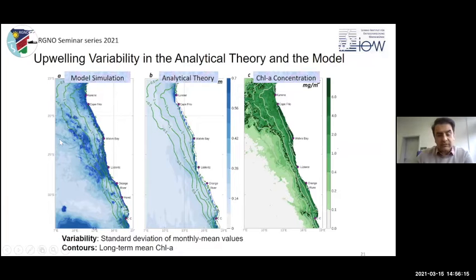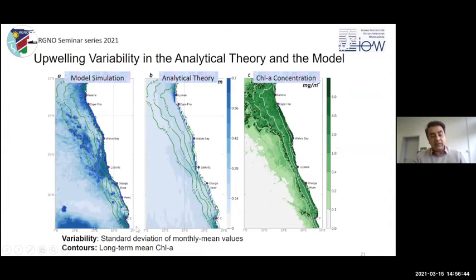We see large variations at Walvis Bay and Lüderitz, which show large fluctuations in upwelling. We know that these two are associated with mesoscale and mostly submesoscale eddies and filaments, which cannot be captured by Ekman theory. But near the coast, the patterns are more or less similar.